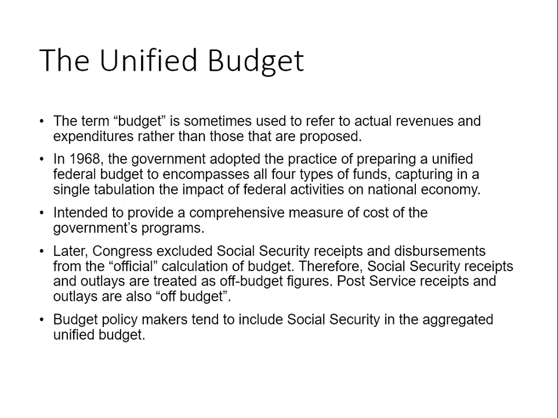Therefore, the unified budget, the official budget, may not be that unified. It misses some of those important figures. Anyway, budget policymakers tend to include Social Security in the aggregated unified budget, so you have to modify the official budget to include Social Security.